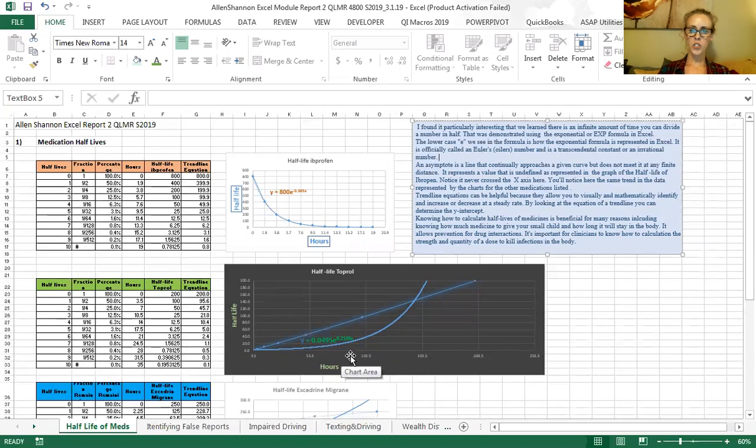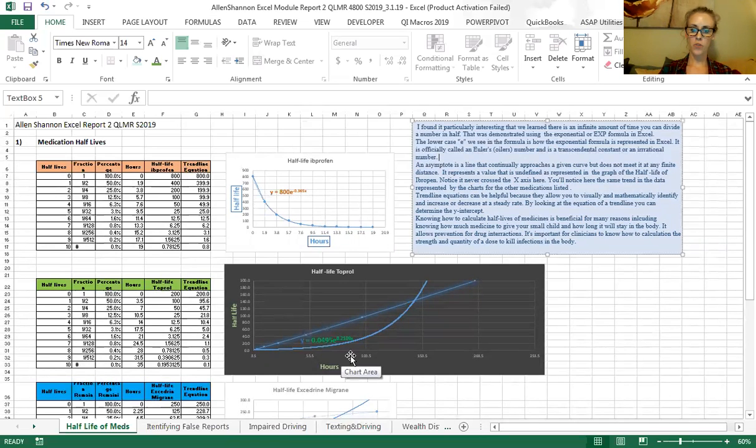But trend line equations can be helpful because they allow you to visually and mathematically identify an increase or decrease at a steady rate. By looking at the equation of a trend line, you can determine the y-intercept. Knowing how to calculate the half-lives of medication is beneficial for many reasons, including knowing how much to give your small child and how long it's going to stay in their little bodies.